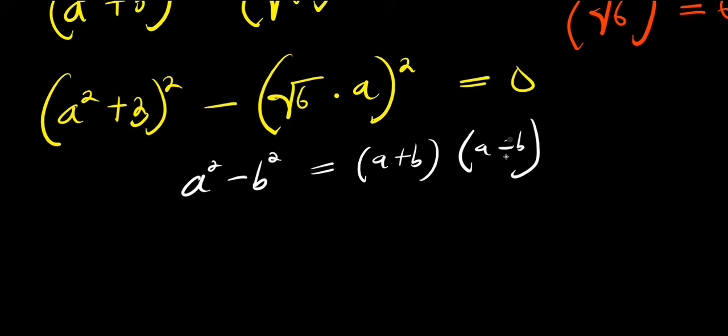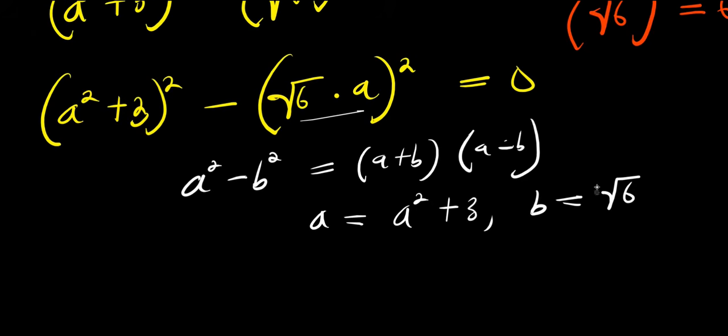And in this particular case, my a is a squared plus 3. Then my b is the whole of this, root 6 times a, or a root 6, right? So let's expand using this difference of two squares.